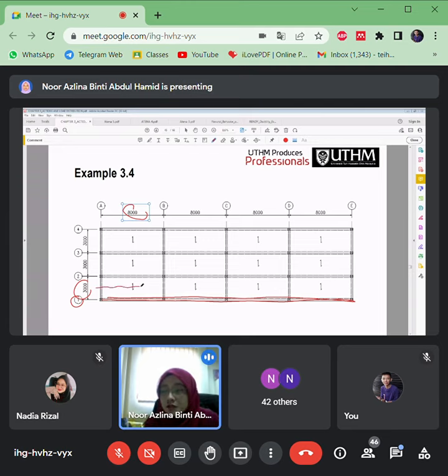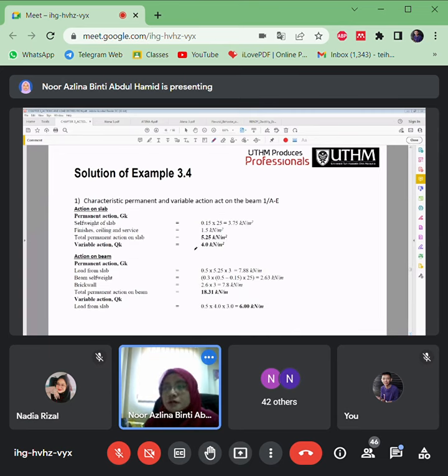Of course, it should be one way distribution here. So that means just half from the Lx here, from the 3 meter here, will be transferred to this beam. But you need to know the n value, what the load is here, which is the Gk and Qk of the slabs. It's the same.